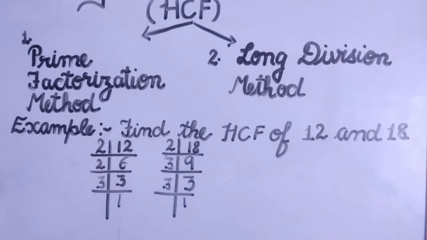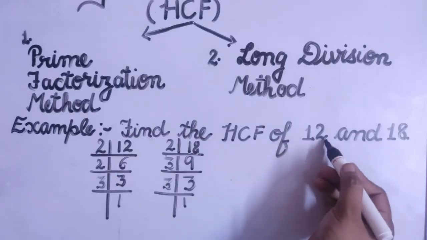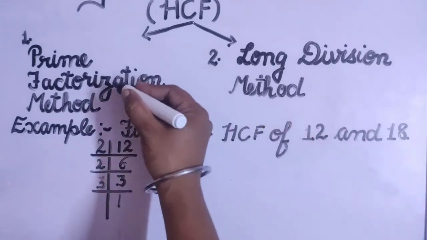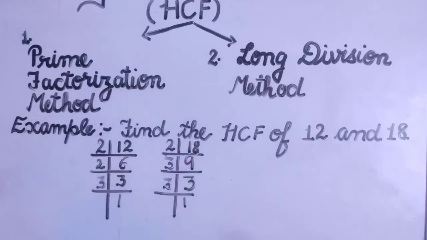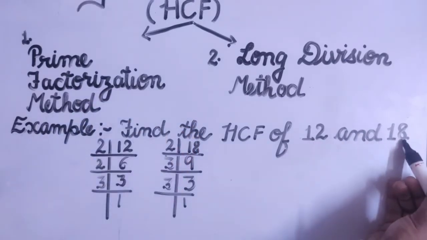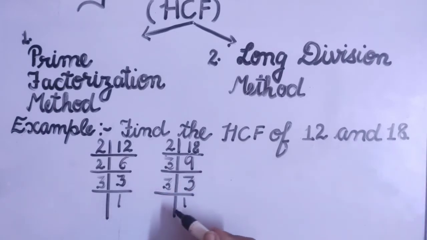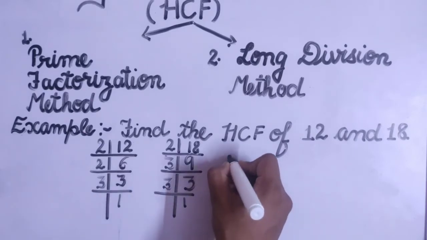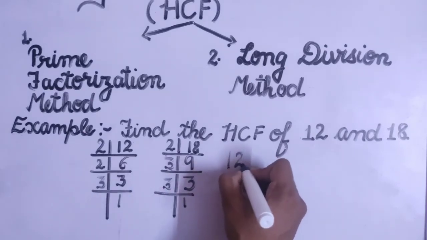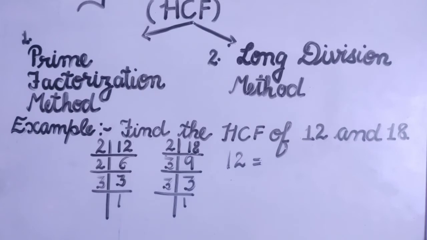Students, always remember, when we are finding out the HCF of given numbers with the help of prime factorization method, first step is we have to represent the given numbers as the product of the prime factors. So let's write down the given numbers as the product of the prime factors.